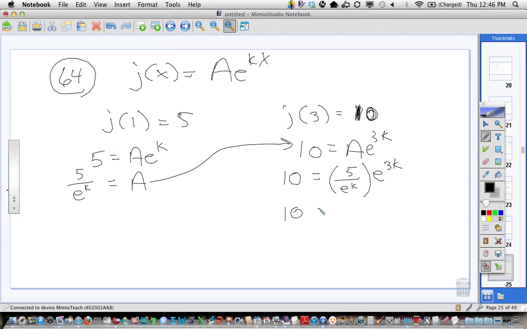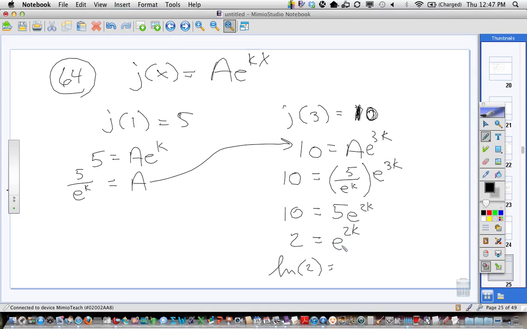Now tell me what I can do with that. I have 5 e to the 2k, because I subtract those powers: 3k take away 1k is 2k, since we're dividing. Doesn't this look familiar? Isn't this just like 58? We divide by 5 and get 2 equals e to the 2k, and we have to take the log of both sides.